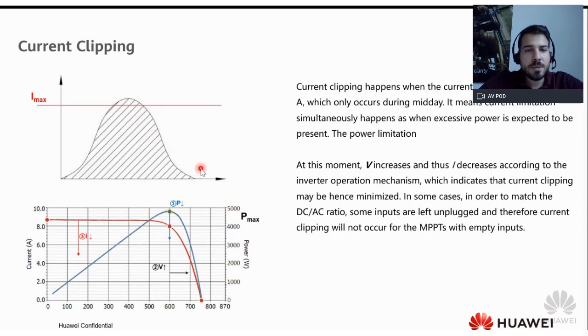And when power limitation happens, so the DC power is larger than the AC power, then the inverter will set the MPPT at a different point.